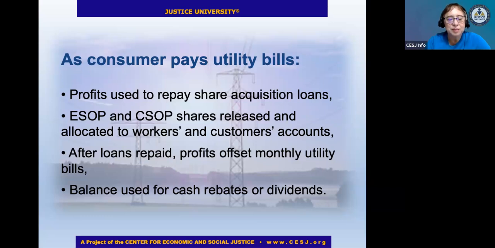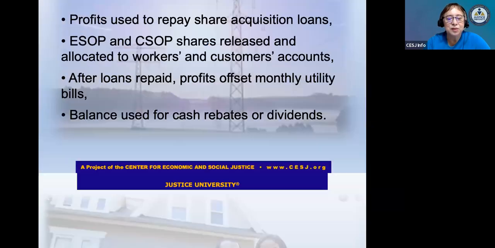So this is a little bit different than the other mechanisms that we're talking about because you have the shareholder actually as a source of repayment of loans.